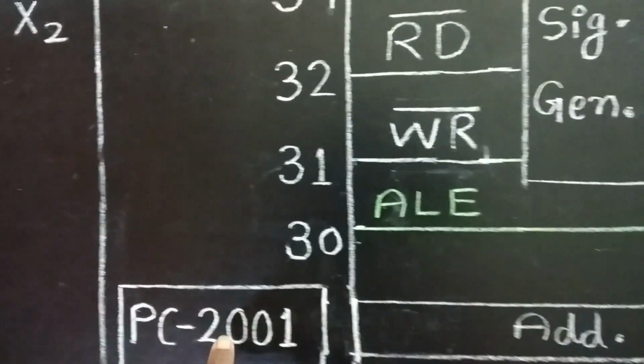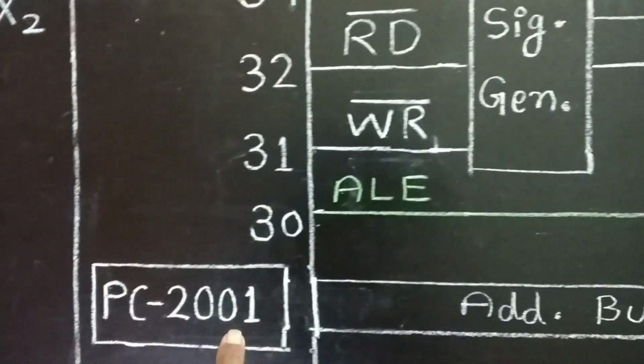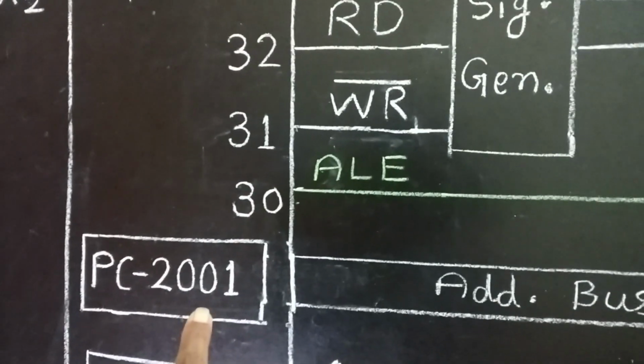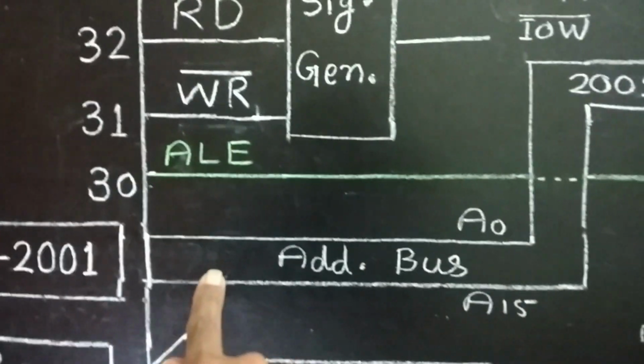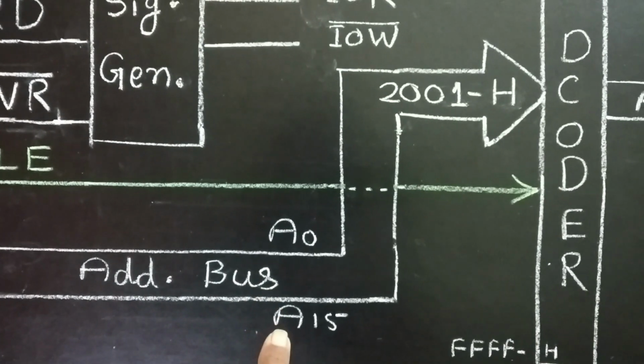This 2001 is the address of the memory location, and the program counter is always loading the address to the address bus. Address bus is A0 to A15.